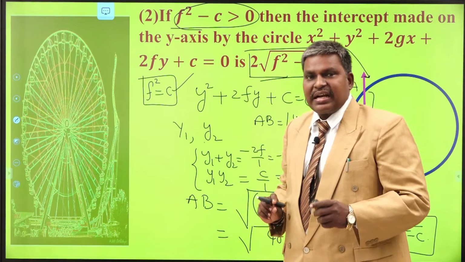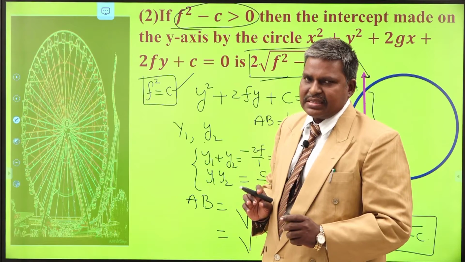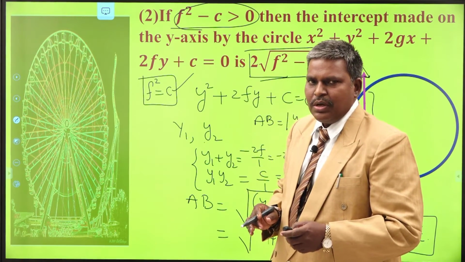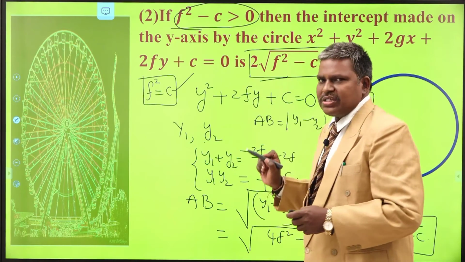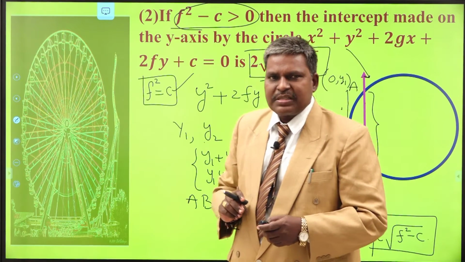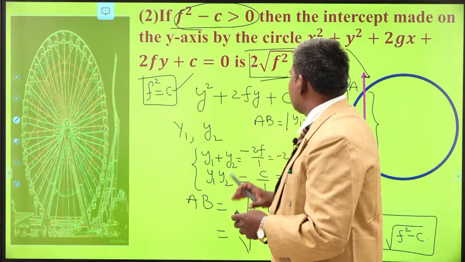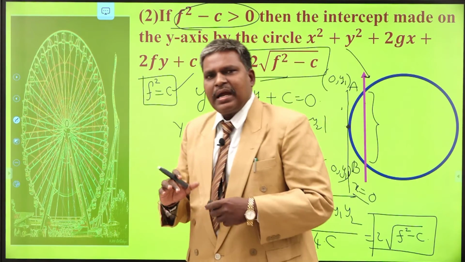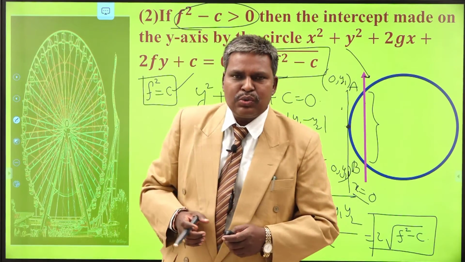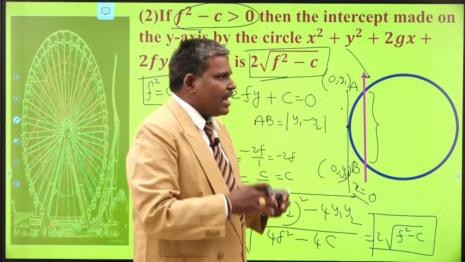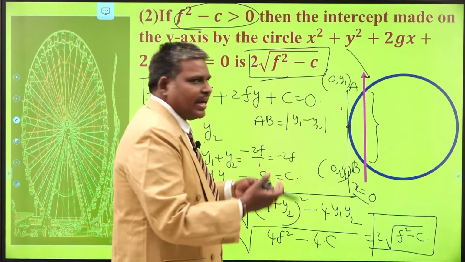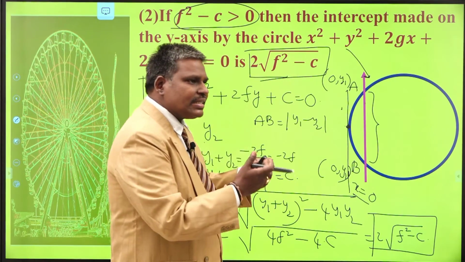Already we discussed the condition that the circle touches the x-axis is g square equals c. What is your circle? S equal to 0, where S means x square plus y square plus 2gx plus 2fy plus c equals 0. So the length of the x-intercept is 2 into root of g square minus c and the length of the y-intercept is 2 into root of f square minus c. When their lengths are 0, that means their intercepts are 0, we get the condition that they touch the circle.